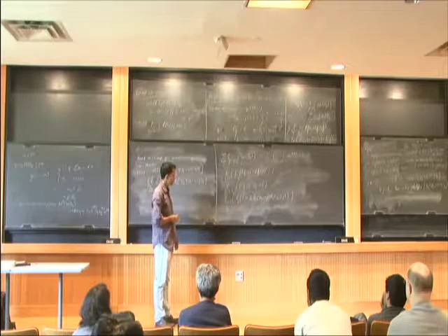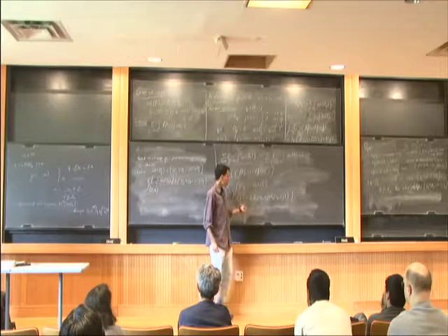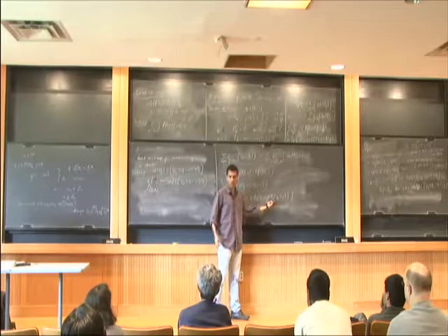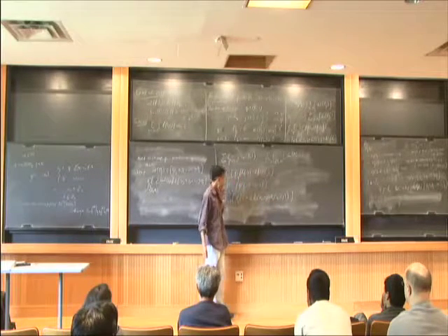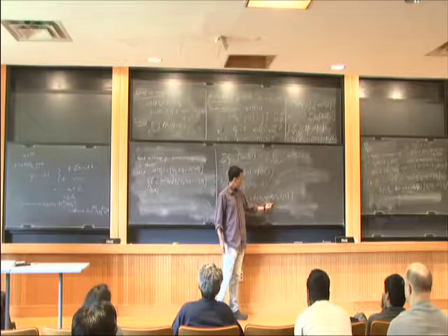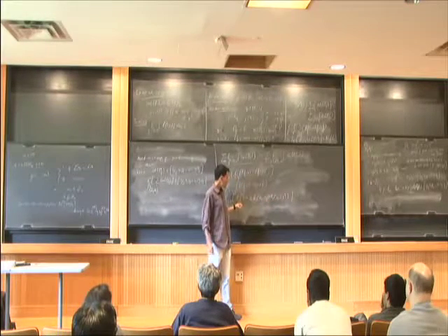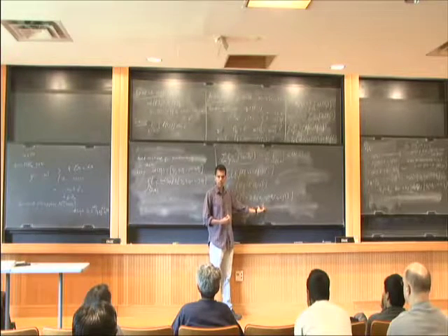So what I would like to do is choose Z pseudo-randomly so that this term is preserved, more or less. If I choose Z in a way that fools depth D-1 circuits, this term is preserved.